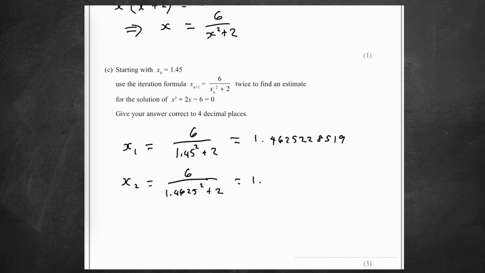And we get 1.4496343937. And therefore, that is our answer. So what do they want? Four decimal places, 1.4496.